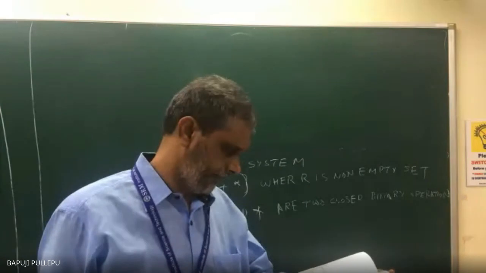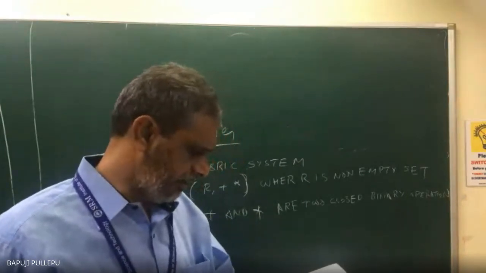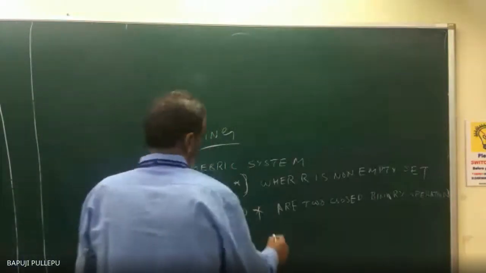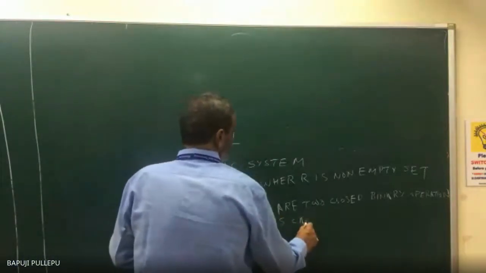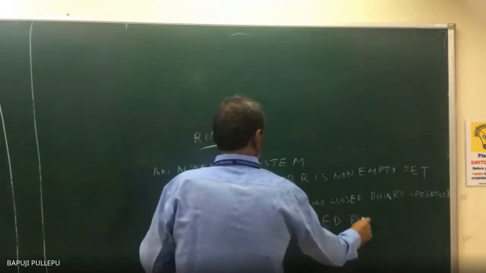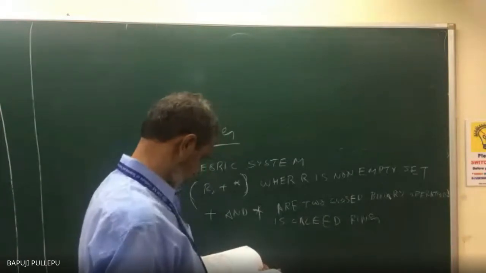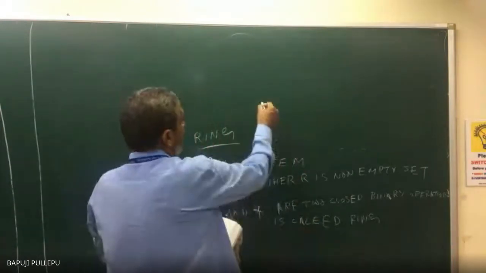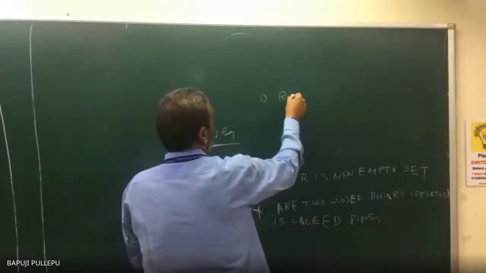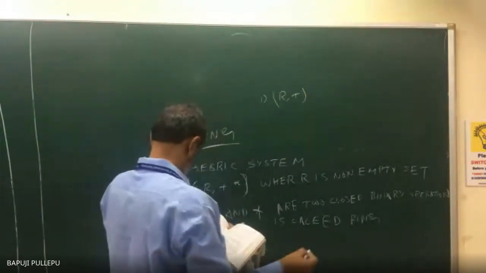Okay. The following is some different binary operation, called a ring. If it's called a ring, what does it mean? Three conditions it satisfies. R plus is an abelian group.